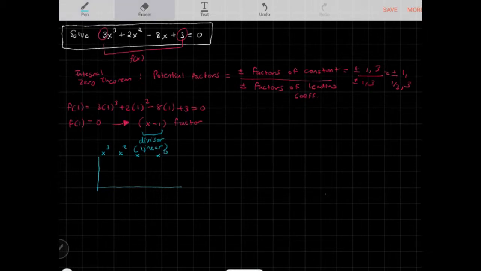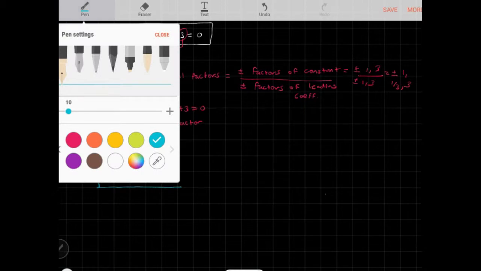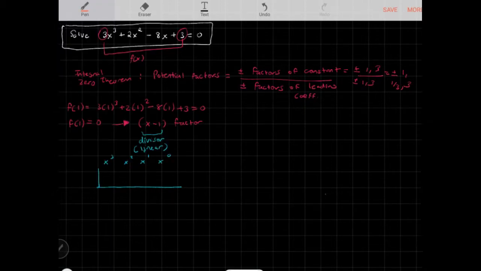Maybe we should make some space there. Sorry about that. So this is x cubed, x squared, x to the power 1, x to the power 0. You literally have to put some coefficients here; I just use the terms up top for bookkeeping purposes. You have a 3 here, a 2, a -8, and a +3. And your factor here is the 1.